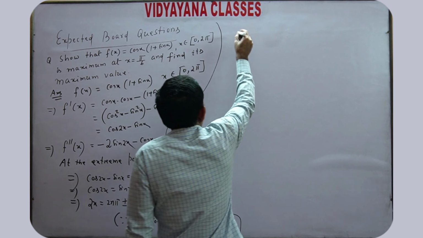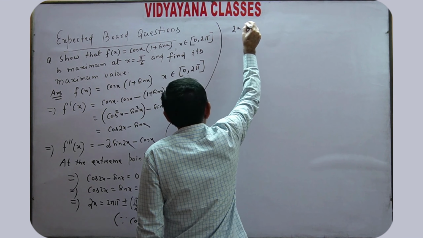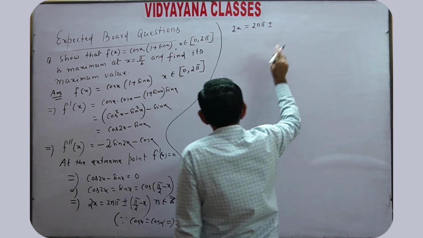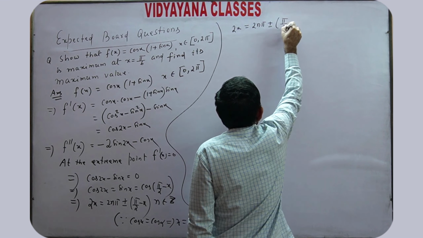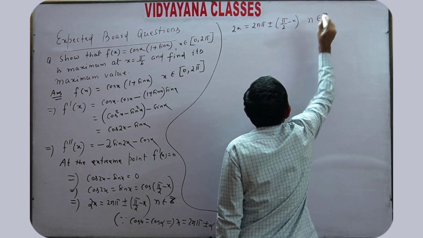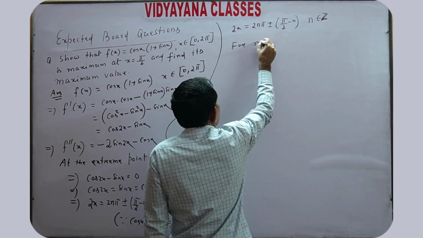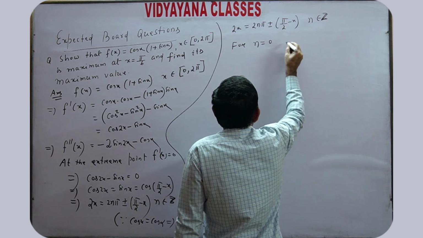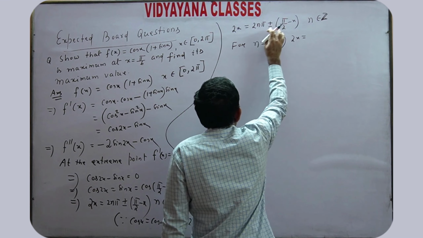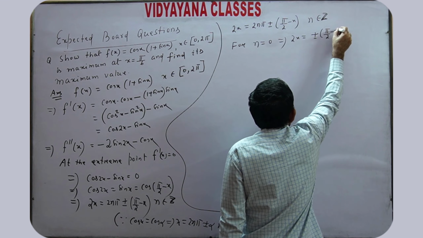2x is equal to 2n pi plus or minus (pi by 2 minus x), n belongs to the set Z. For n is equal to 0, it implies 2x is equal to 0 plus or minus (pi by 2 minus x).